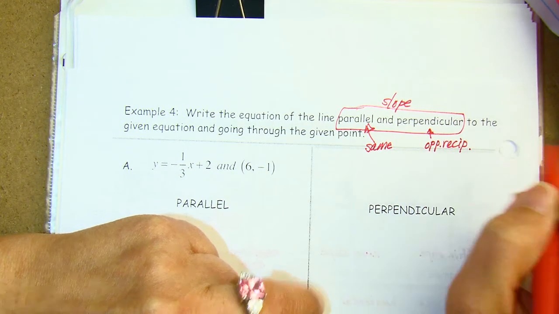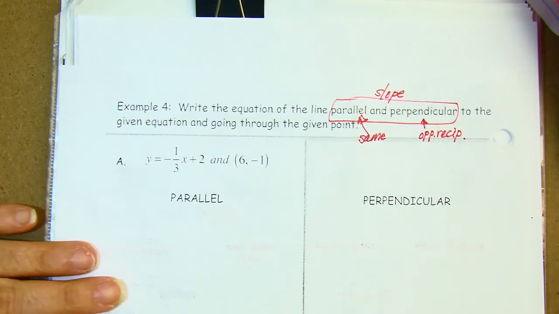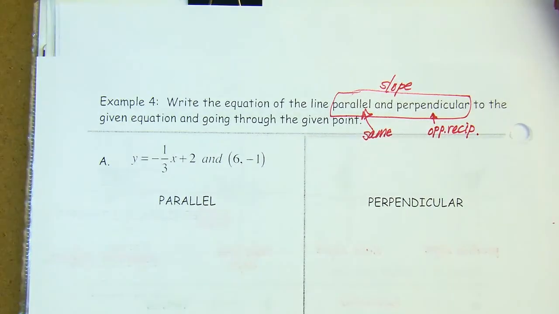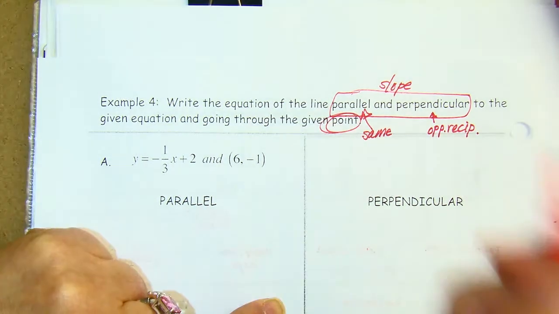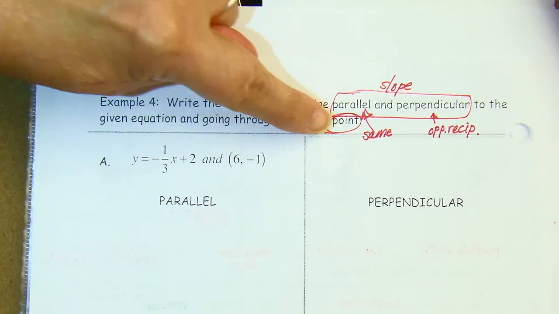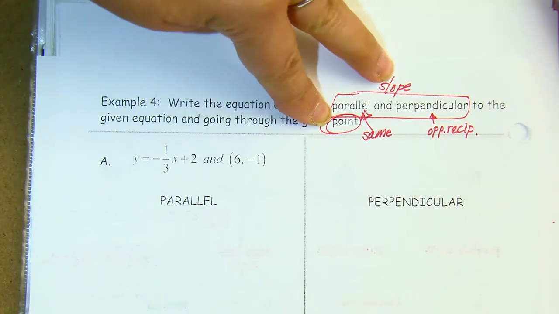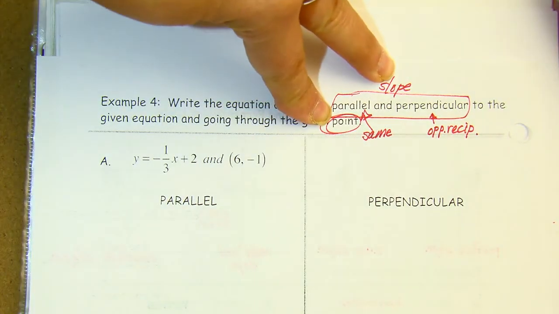I'm going to abbreviate. OPP-RECIP is opposite reciprocal. All right, so when you hear about parallel and perpendicular lines, you should be thinking slope. And they're giving me a point. We will be using point slope form. We've done this in a previous lesson.